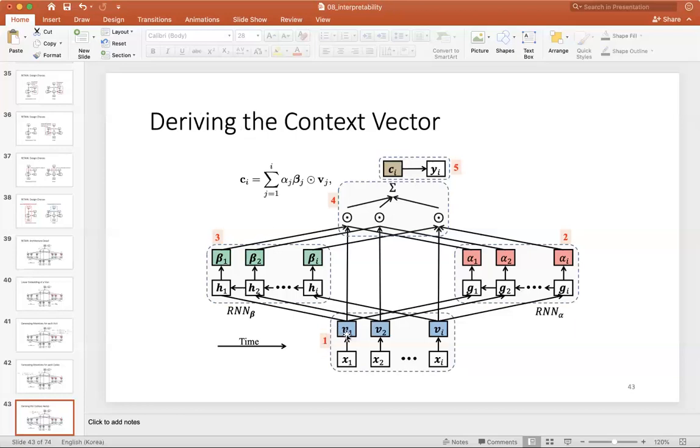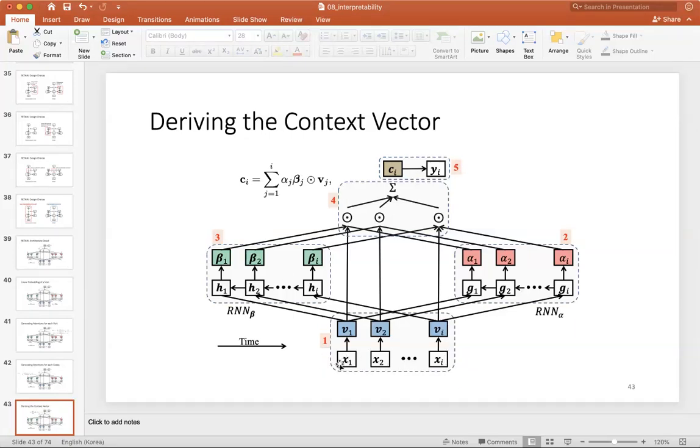Typically, the dimensions we're using are 256 or 128. And alphas are scalars, so we simply multiply the alpha here. You do this for all time steps from 1 to i and sum everything up. That's how you derive the context vector C for this particular time step.